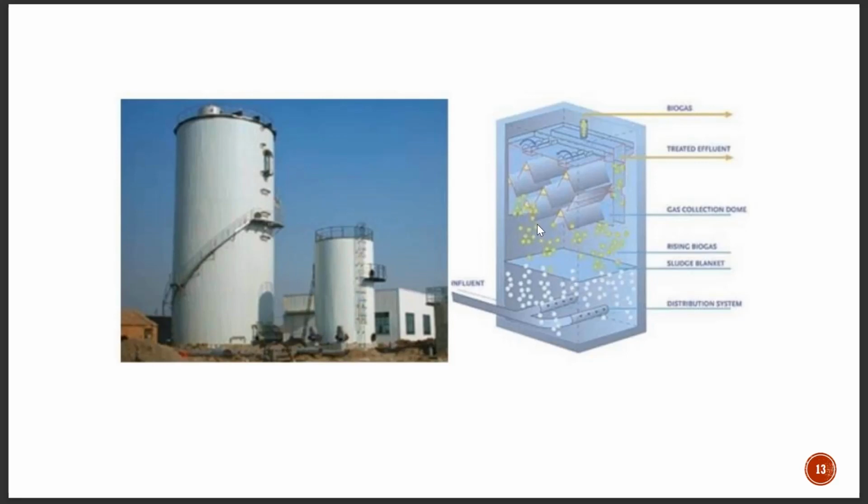Then you can see the rising biogas, and the biogas is collected in these gas collection domes, and the free water is collected and taken out as treated effluent, and the biogas is taken out at the top, and the solids are allowed to deposit in the tank itself. So that is how this sludge blanket is generated. So this is basically the working of a UASB reactor.